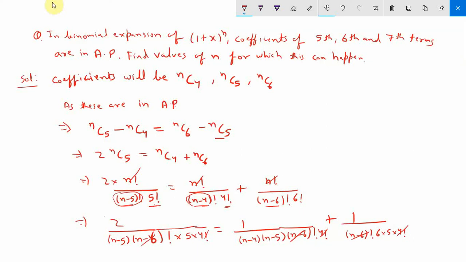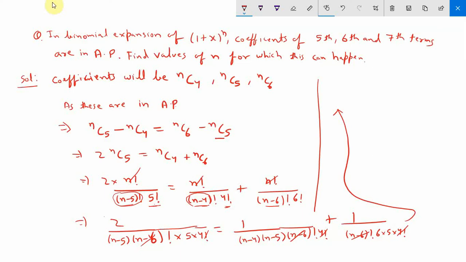Now we will cross multiply. If we see n minus 4, n minus 5, here n minus 6 will get cancelled.